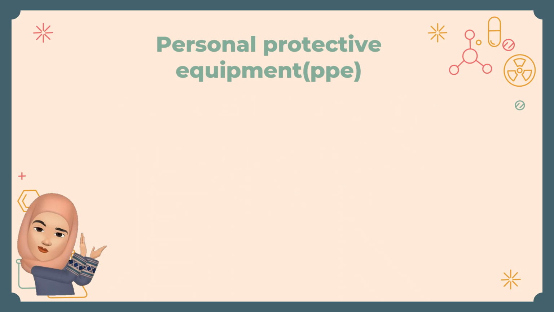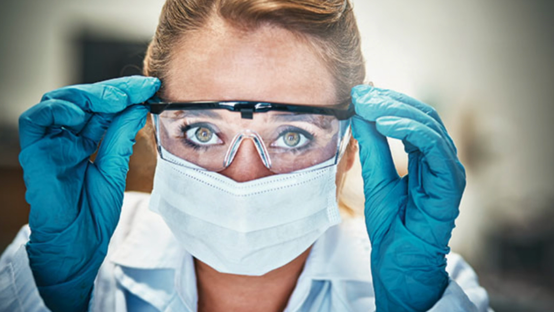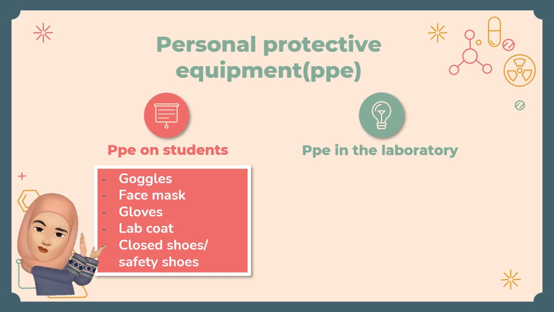Personal protective equipment or PPE can be divided into two, which are for students and PPE in the lab. For students, we have goggles, face mask, gloves, lab coat, and closed shoes or safety shoes. Personal protective equipment is needed to protect the student and teacher from danger.